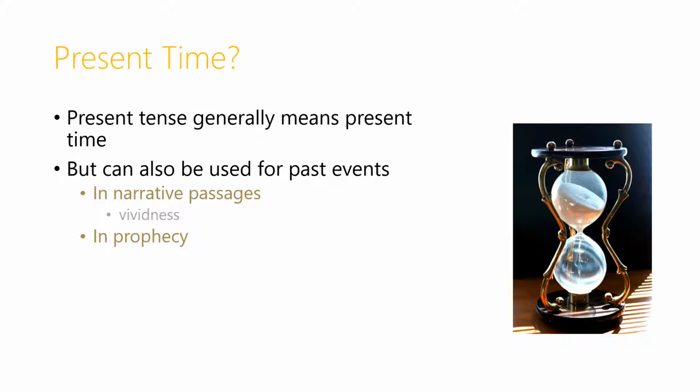As in English, when I tell a story, I might begin by saying I went to the store and was buying some chips, but I might switch to the present tense to add vividness, and suddenly a burglar bursts through the door and holds his gun up and says, "Give me all your money." Do you notice I switched to the present tense there in my English storytelling? Greek does something very similar. Also, in prophecy, we often see present tense verbs used, and this is an echo of the way tenses are used in Hebrew prophecy.